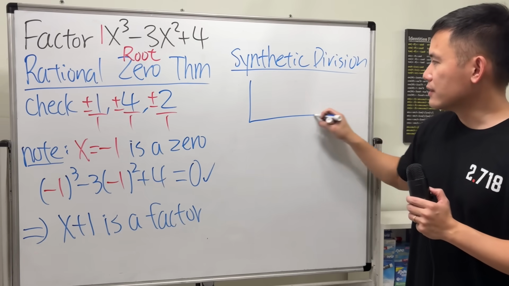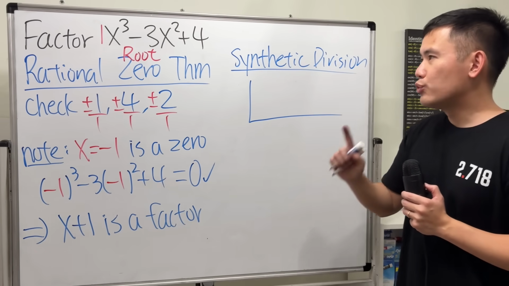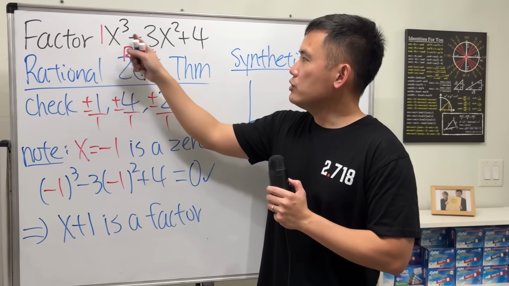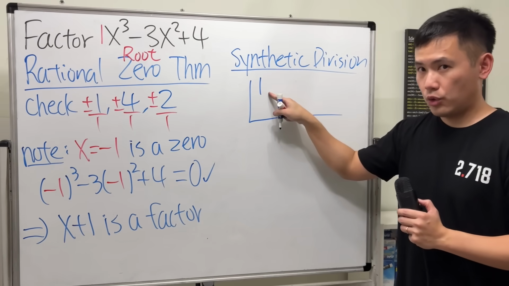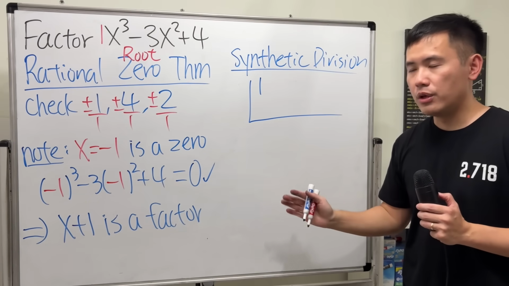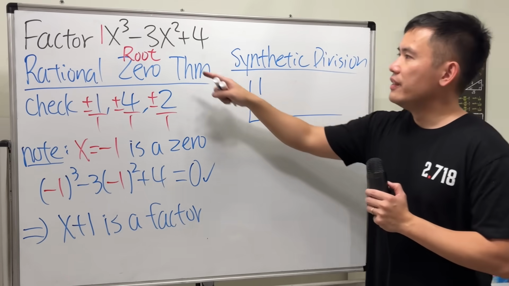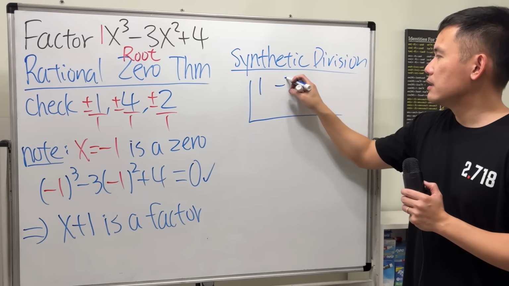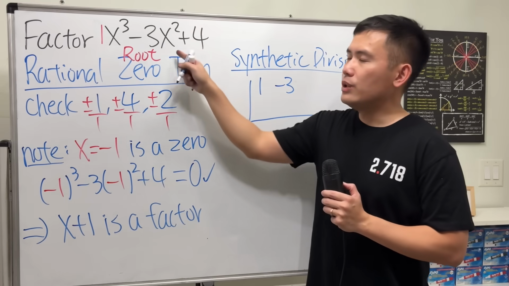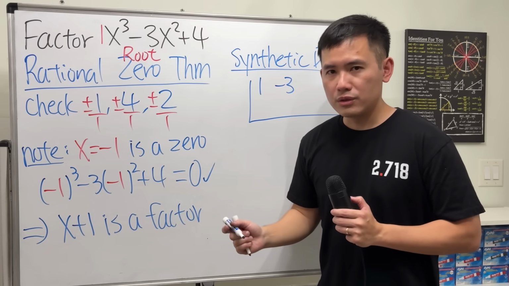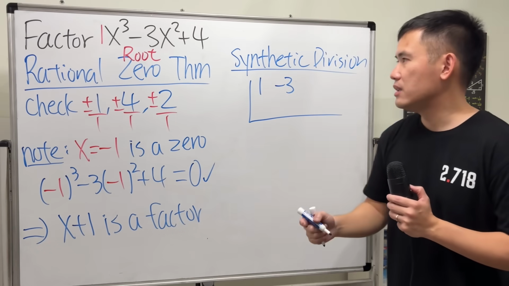You draw something like this, like half of a box. And then you write down the coefficients of the polynomial. We begin with the 1, for x cubed. You don't have to write down the variables, just 1, and keep in mind it's the x cubed. Next is minus 3, just put negative 3 for x squared. And do we have any x terms? We don't. However, that means we have 0 x to the first power.